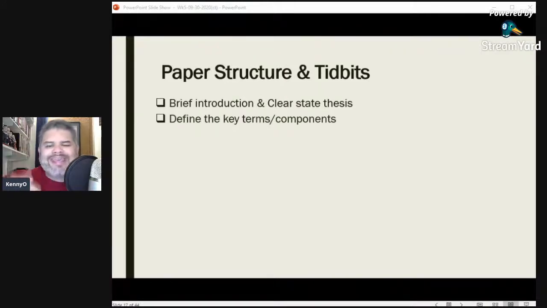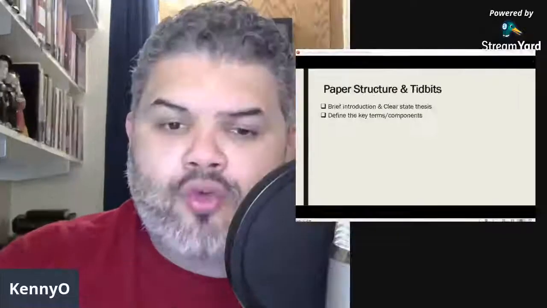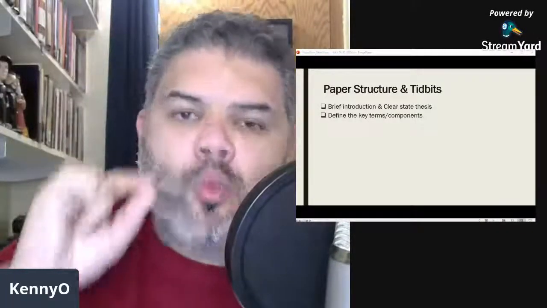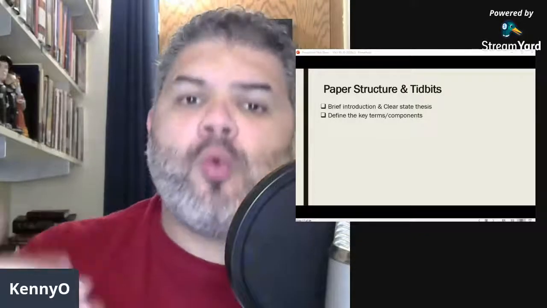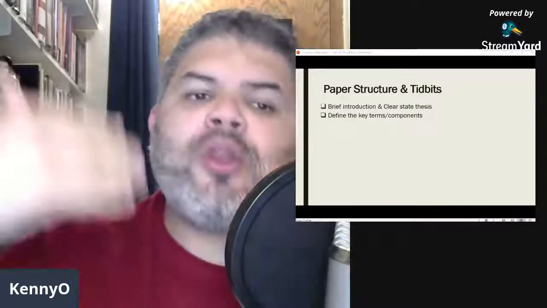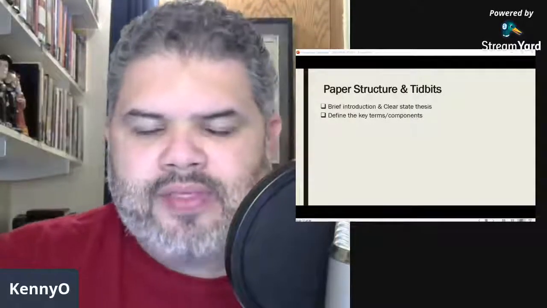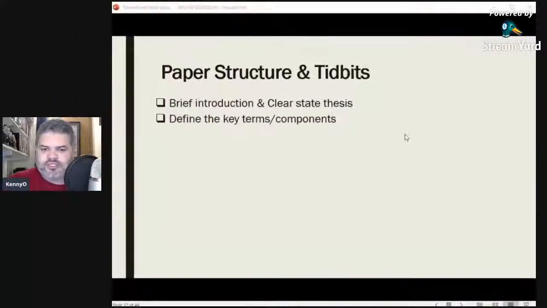If there are any key terms or key components in your paper, don't assume that everyone understands what those key terms mean. In fact, in a lot of different areas, we need to assume that we have different definitions. So it's key for you to know that whoever's reading and grading your paper needs to know what you mean by certain things. We want to know, how are you using this term? What do you mean by this? I think that's an important concept to consider.